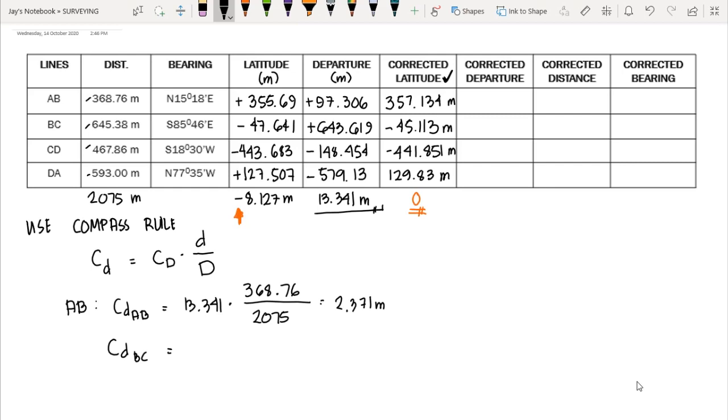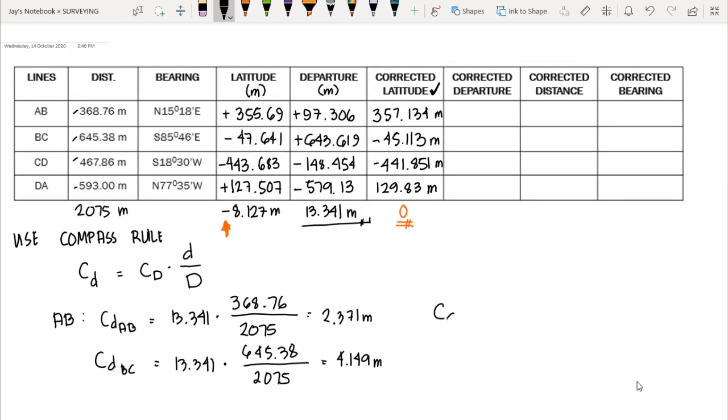Okay? Now for the correction of the departure of the traverse BC, we have 13.341 times the distance of BC, 645.38, divided by 2075. This gives us 4.149 meters. Now for the departure of CD, we have 13.341 times the distance 467.86 divided by the perimeter 2075.